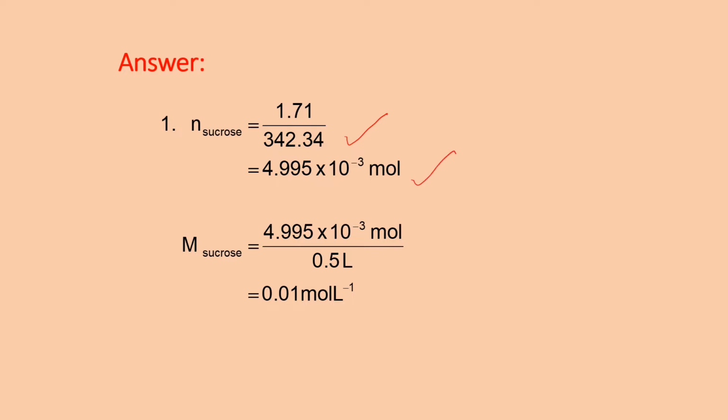To find the molarity of sucrose, insert the value of mole, which is 4.995 times 10 to the power of negative 3, divided by 0.5 liter. So the final answer is 0.01 mole per liter, or molar.